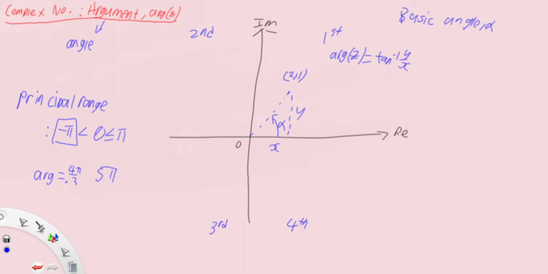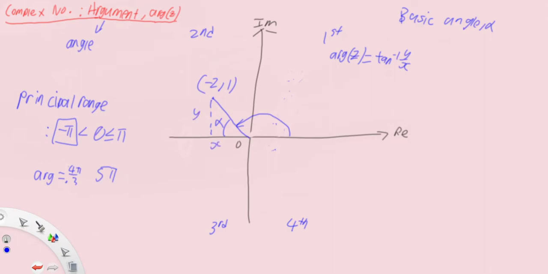Now let's take a look at the second quadrant. Let's say we keep 2 and 1, we now look at minus 2 and 1. Let's look at the basic angle first. The basic angle is right down here. Your argument comes from here all the way to here. So what is the argument for the second quadrant?